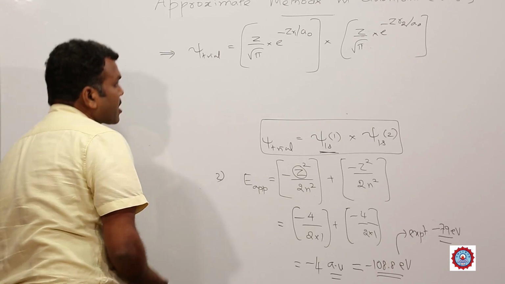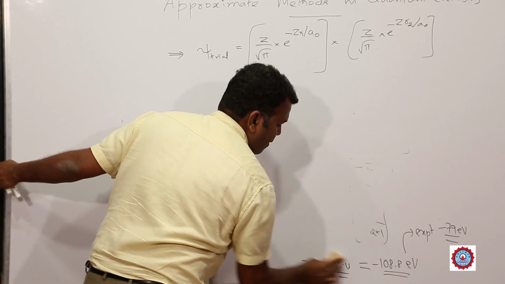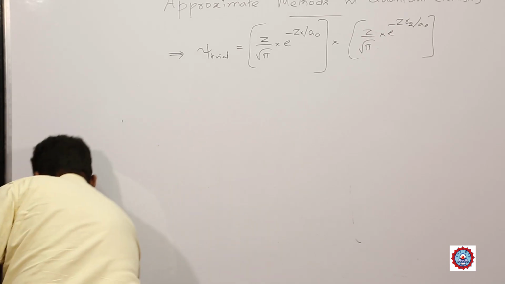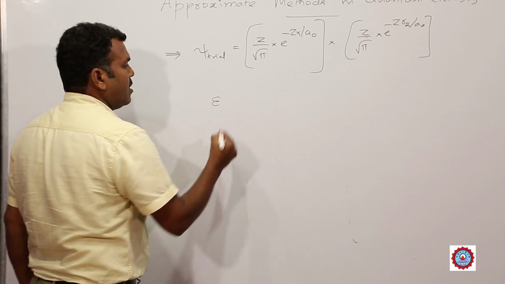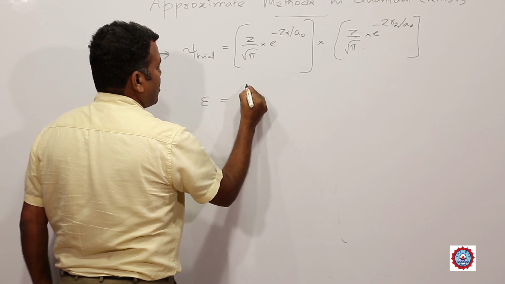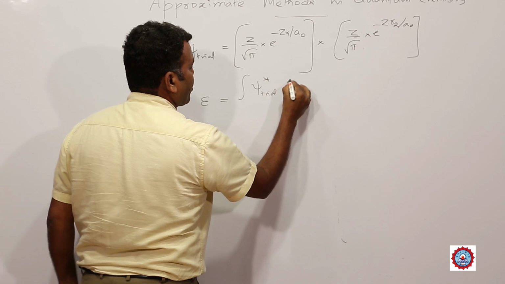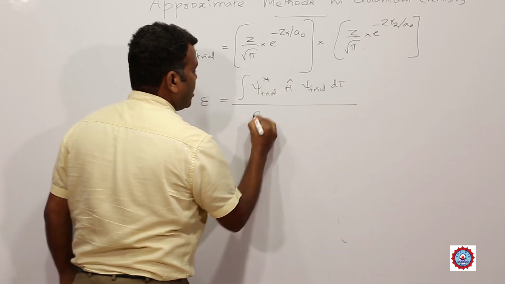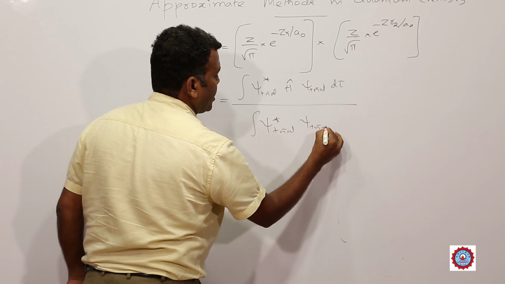Now, if you use this trial wave function and calculate the expectation energy, this is the formula: integral psi trial star H operator psi trial d tau over integral psi trial star psi trial d tau.